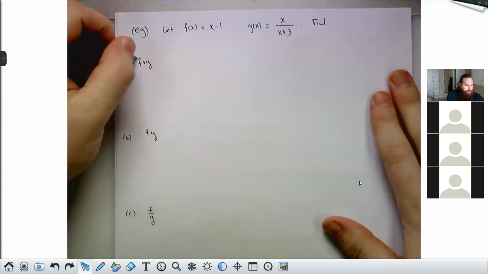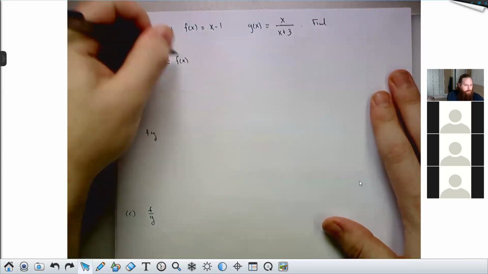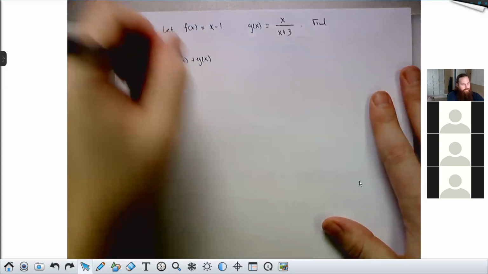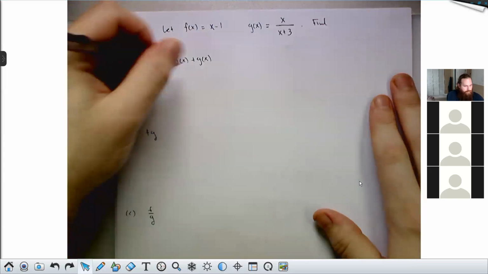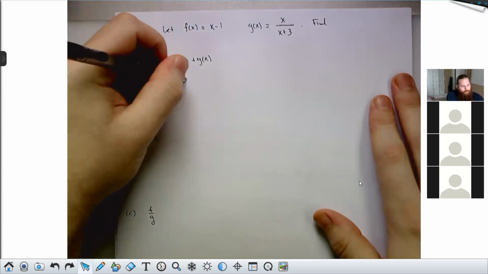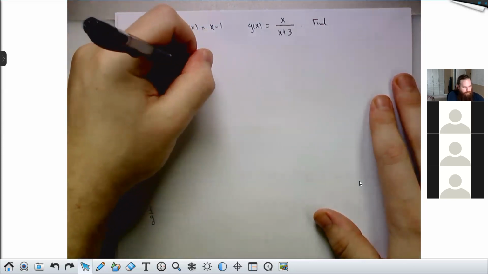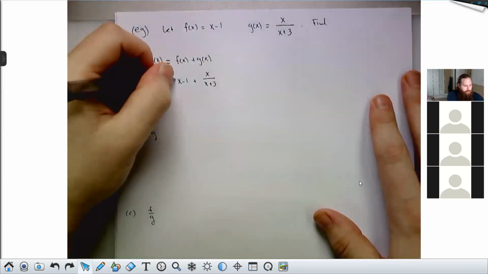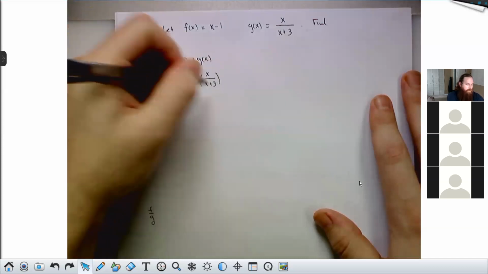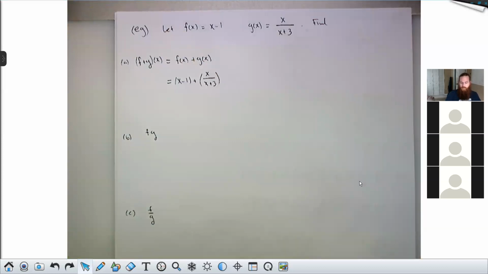So to get started, f plus g of x is f of x plus g of x. Which is x minus 1, because that's what f of x is, plus x over x plus 3. All right, this first piece is f, the second piece is g. And now we look for red flags, exactly. So what red flags do we see?